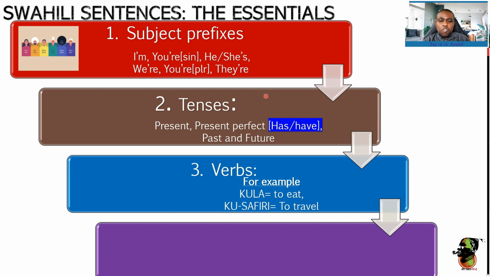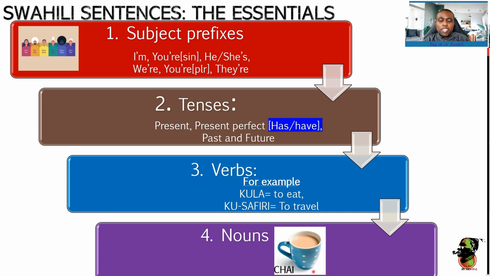So those are the three essential things that you need to construct basic sentences in Kiswahili. You need to have your subject prefix, your tense, and your verb. Once you combine the three together, you have the first part of the sentence. Then the other bits that you're going to be adding to your sentences are the nouns, like tea.